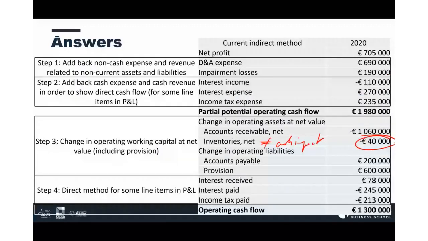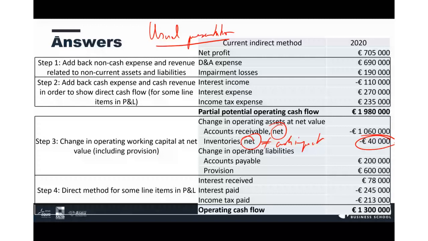So generally, we have this presentation. This is the usual presentation of the indirect method. But the problem of this method is we have the net value. In the net value, we have a change, not only because of what we spend or what we don't collect during the period, but also we have the impact of the reduction in value in accounts receivable, what we name bad debt expense, and reduction in value of inventories, what we name write-down of inventories.